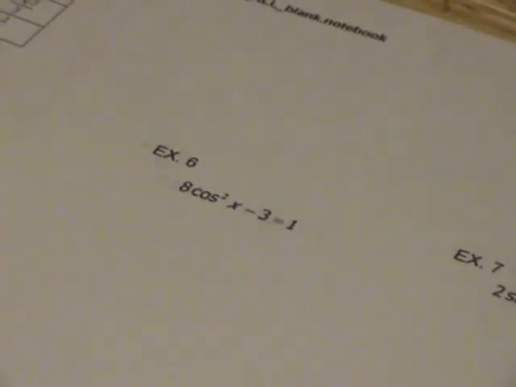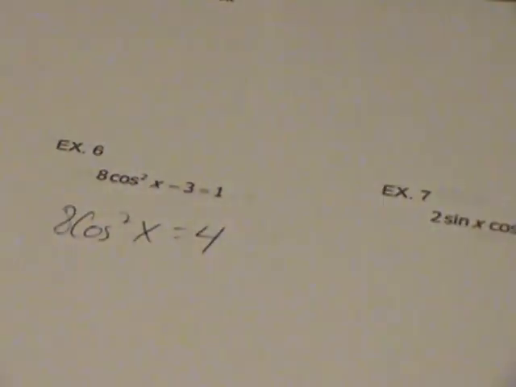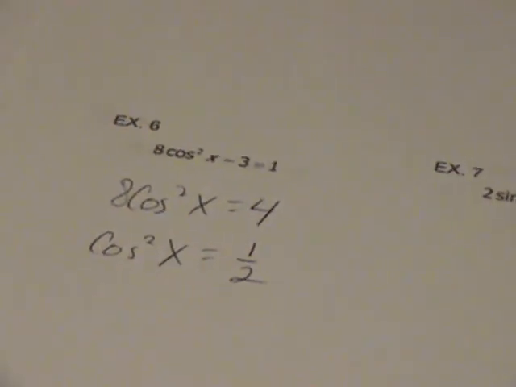So same strategy from a minute ago. I'm going to isolate the cosine. So I'm going to add a 3 to both sides. 8 cosine squared x equals 4. I'll divide by 8. Cosine squared x equals 1/2.